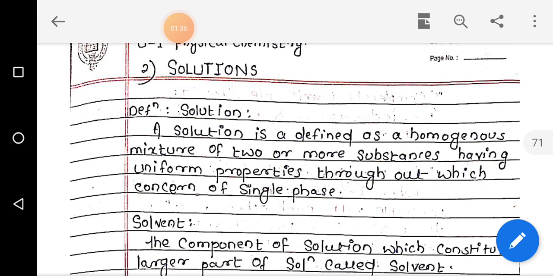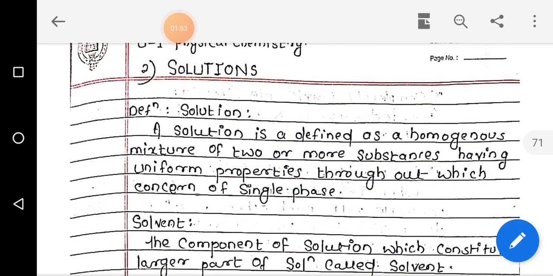Water is considered as the solvent and it is present in the maximum quantity. So when the solute, that is the sugar, is present in minimum quantity, it can be easily mixed, dissolved in the water and form the solution.